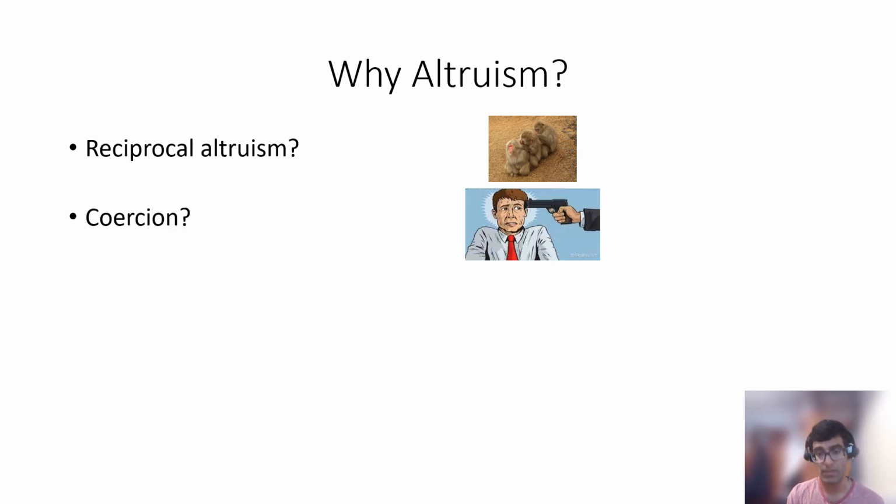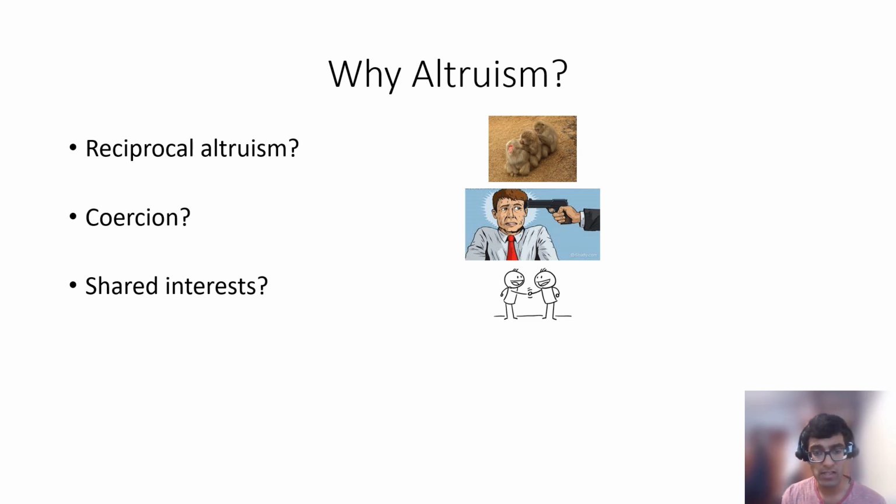So that's reciprocal altruism. Another potential route by which we might see organisms helping each other is coercion, if they're being forced to do so. So if a more dominant or stronger individual is forcing another one to help it, then that would be an example of coercion, and we would see such altruism, arguably altruism in inverted commas, in nature.